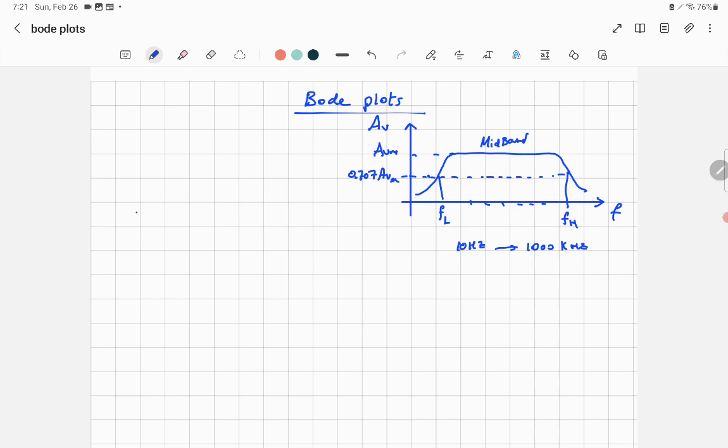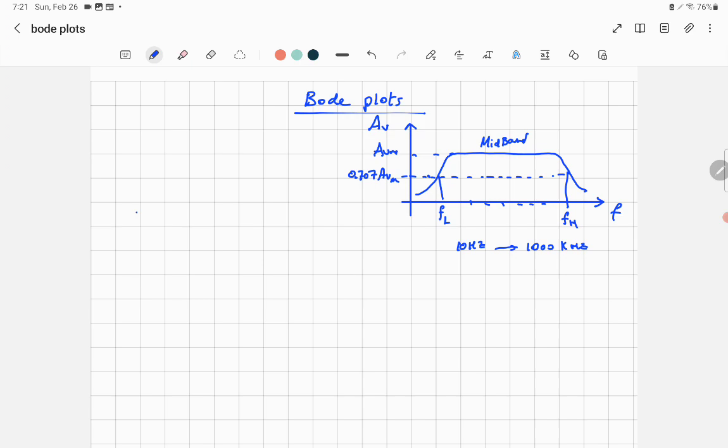It's hard if you are using linear scale. So the best solution to study the frequency response over a wide range of frequencies is to use logarithmic scale. And using logarithmic scale, it will make it easy.